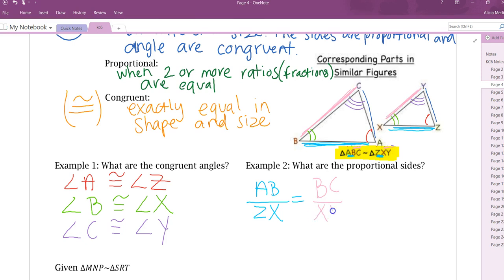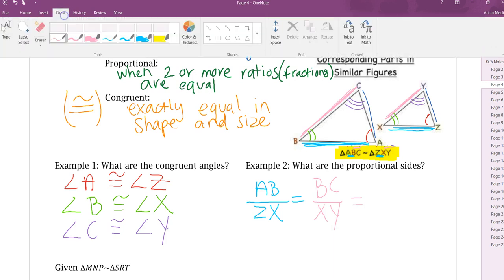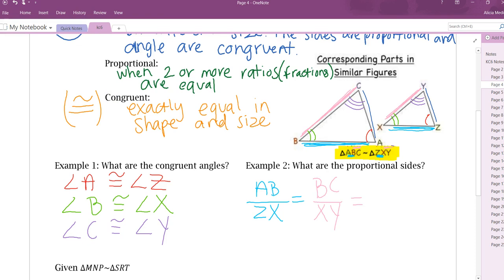Then I can say Y. And that's going to be equal to the last line, which I'm going to write as CA. So from C, go to A. Well, C is equal to Y, and A is equal to Z. So that would be YZ.